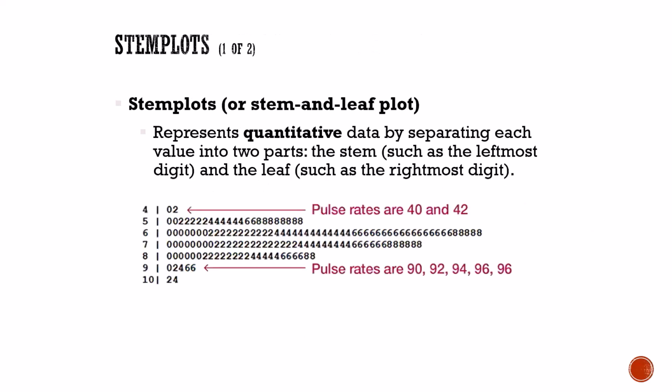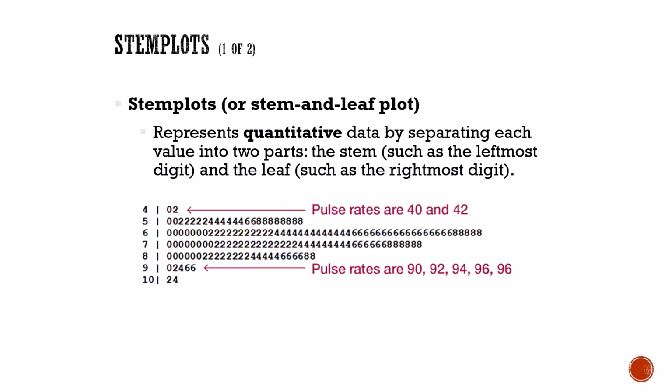Another example: has anyone seen a stem-and-leaf plot before? Maybe? Okay, some of you have. It's pretty similar to a histogram. These graphs right now you want to use to represent quantitative data, so not nominal data.